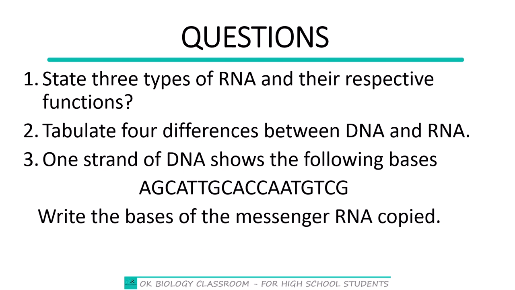So this is a DNA molecule, A, G, C, A, T, T, up to the last 2 letters C, G. That whole thing is a part of the DNA molecule. So if a messenger RNA is arranged against this particular portion of the DNA, how would the information on the messenger RNA look? So you are supposed to write them. That is question number 3.